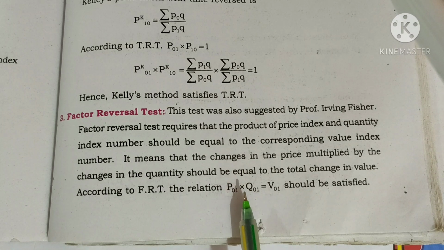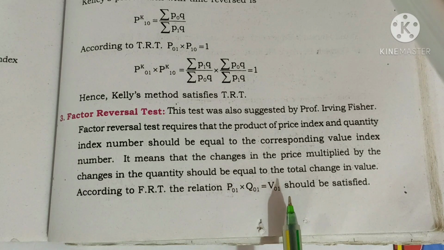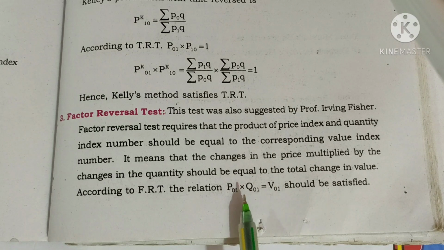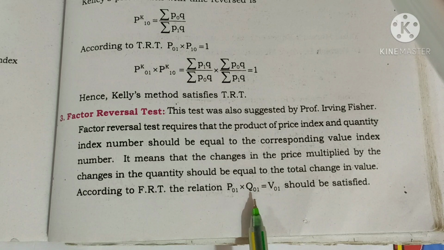So in TRT it was P01 into P10 equal to 1. Here the condition is P01 into Q01, which is equal to V01, should be satisfied.